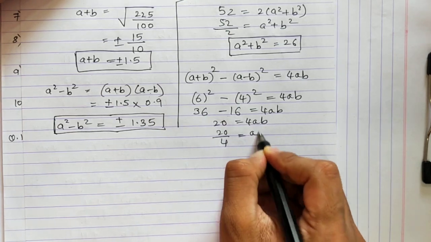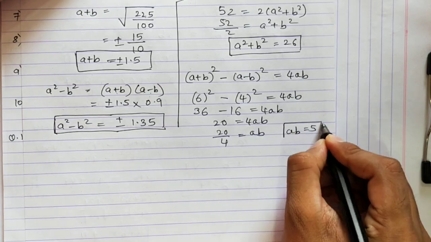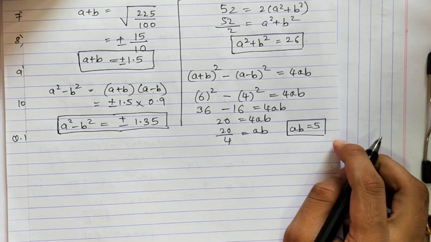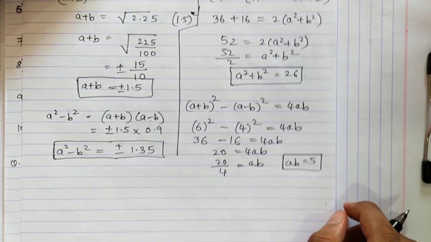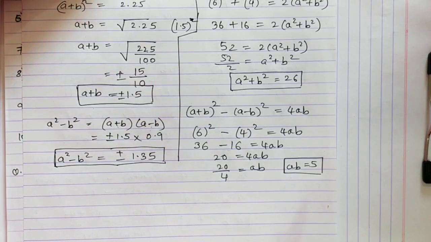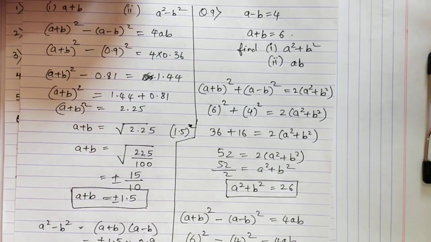So 20 upon 4 is ab. So therefore ab is equal to 5. Answer is 5. Copy the sum.